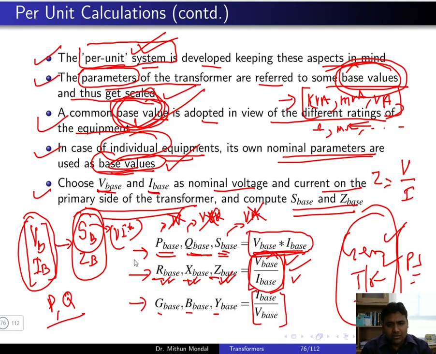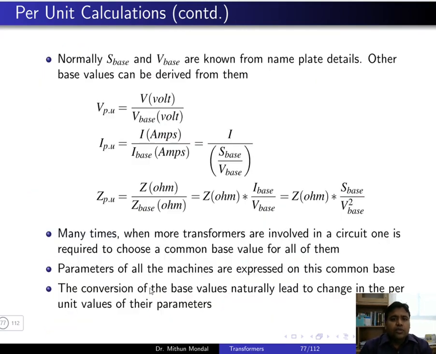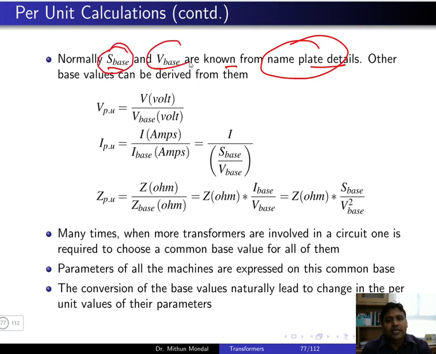Once we have obtained these parameters, we can get the values. Normally, the S base and voltage base are known from nameplate details. Whenever we purchase any equipment, there will be nameplate details given to us. These nameplate details are given based on the power base and the voltage base, and other base values can be derived from them.